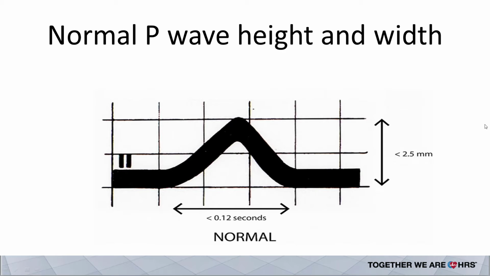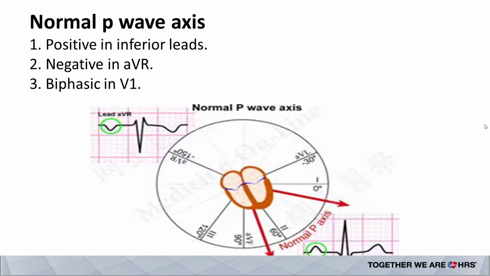The normal P wave is 2.5 millimeters in height and 0.12 second in duration, which in short is 2.5 small squares in height and in duration. The P wave axis, we can see it also sometimes written in the ECG.